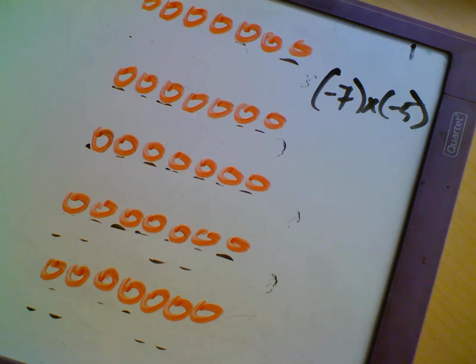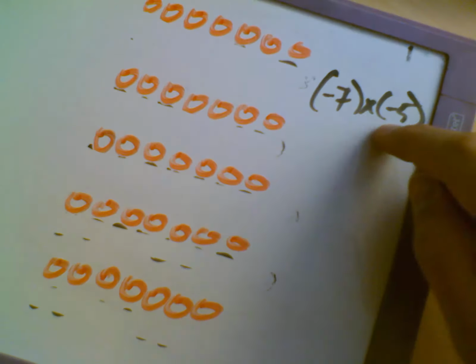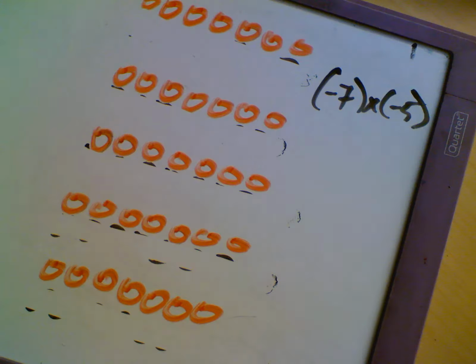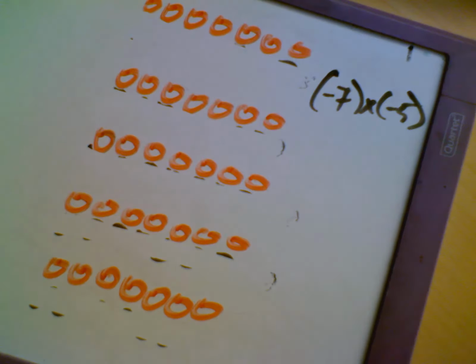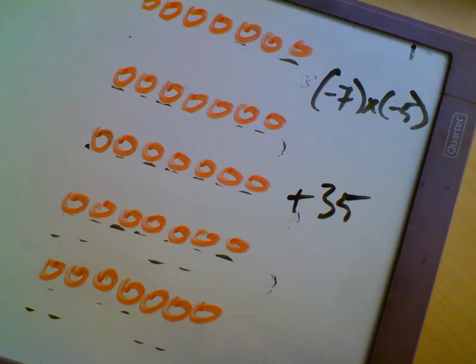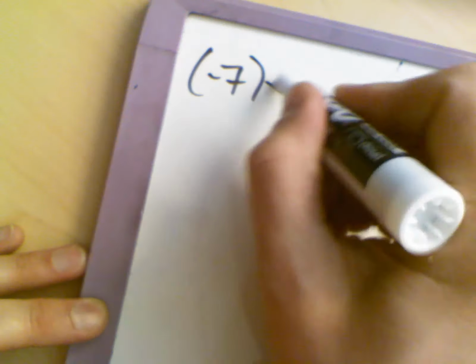I had times negative rows. So I minused a row of -7 5 times. My resulting number is positive 35.